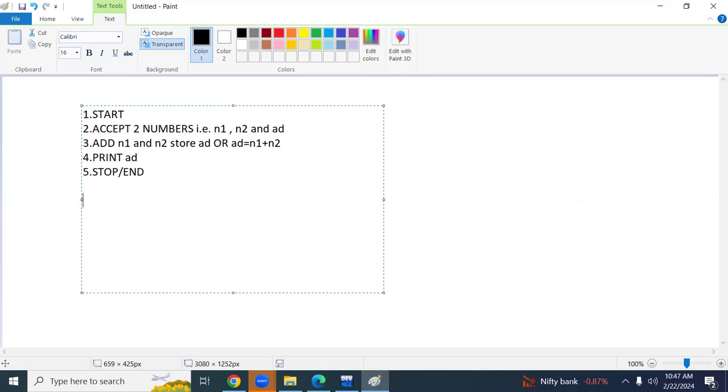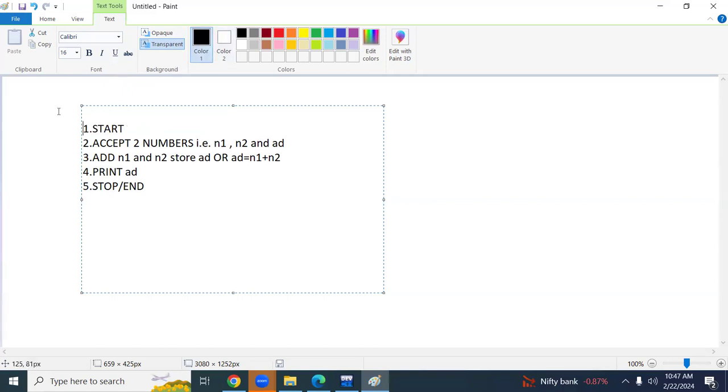So consider this is the algorithm of what? Addition of two numbers. I'll just make it bold.